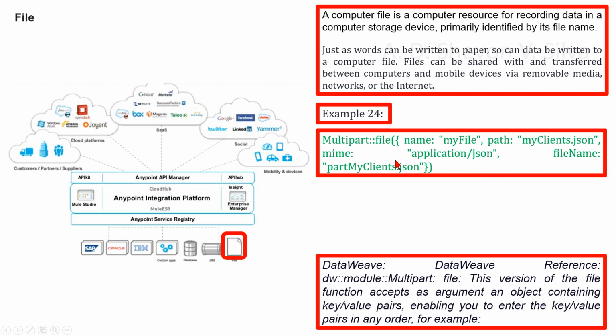It creates a multipart data structure from a resource file. This version of the file function accepts as an argument an object containing key-value pairs, enabling you to enter key-value pairs in any order, for example here.